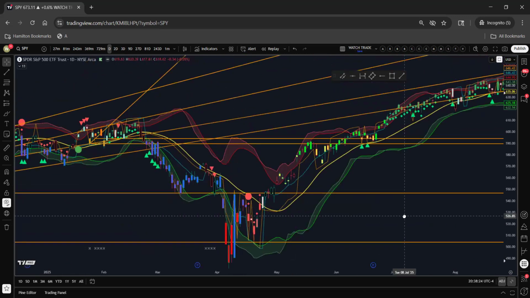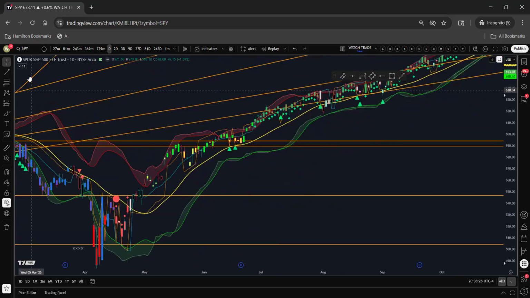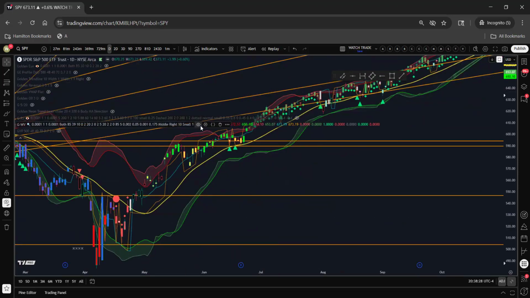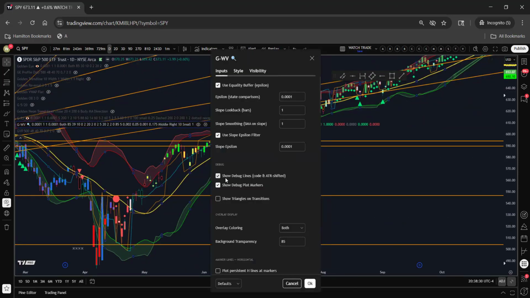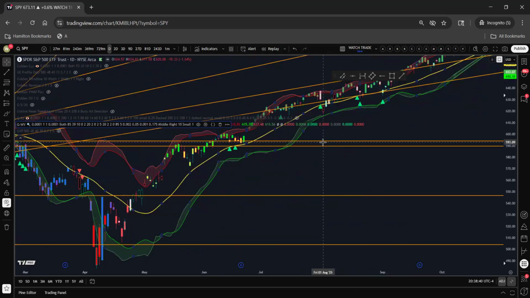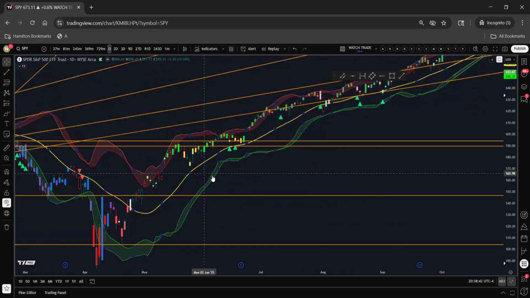So you don't need to use, let me hide the plots from the debug lines portion of this indicator. Let me hide that. All right, so these are AI machine learning trades.